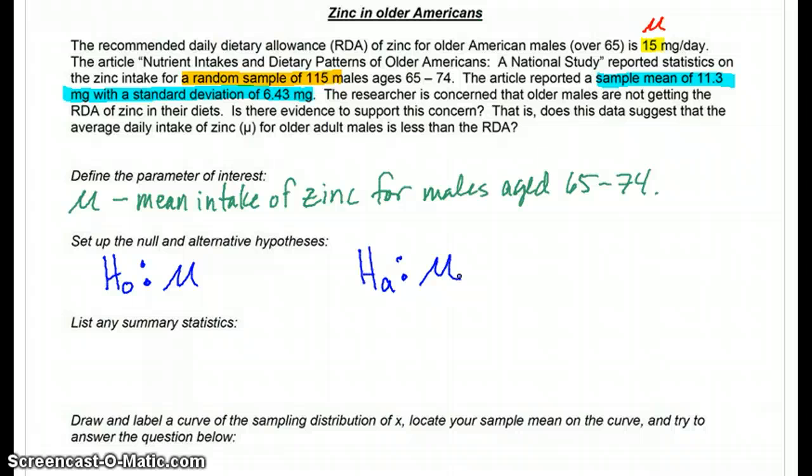It continues to ask, does this data suggest that the average daily intake of zinc for older adult males is less than? That's our key. Is less than goes with H sub A. Therefore, we could say greater than or equal to for H sub O. And we will use mu, which is 15.